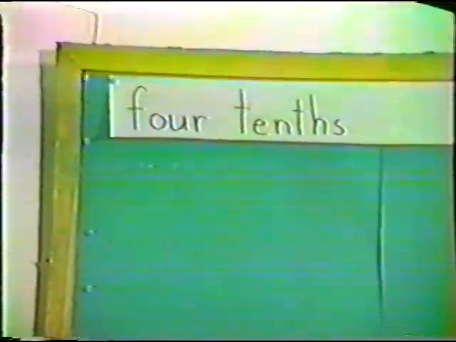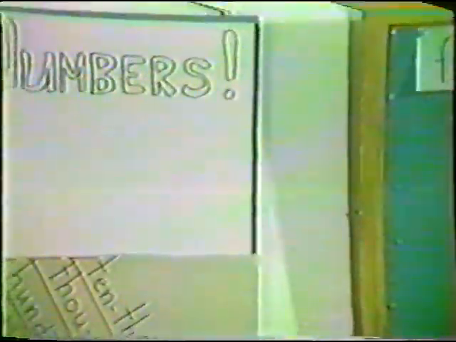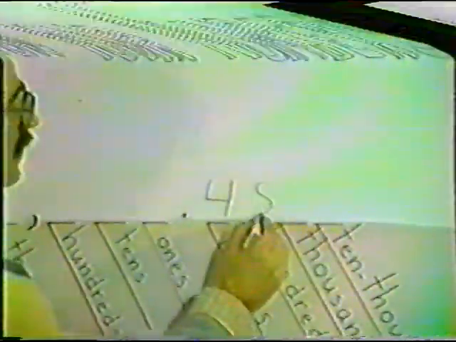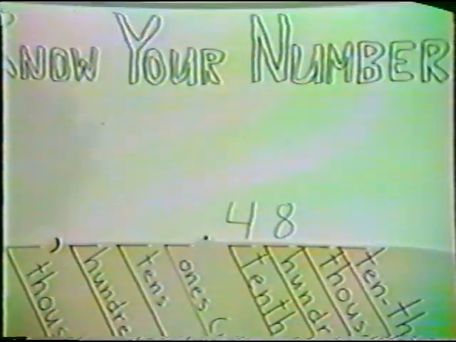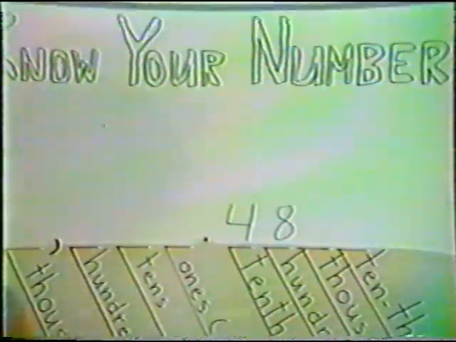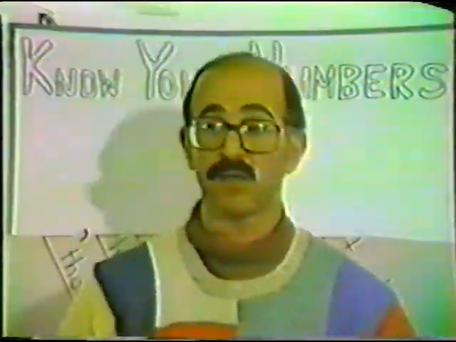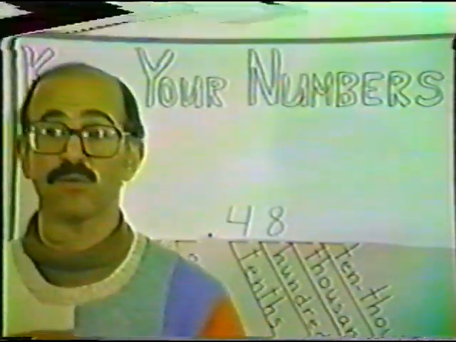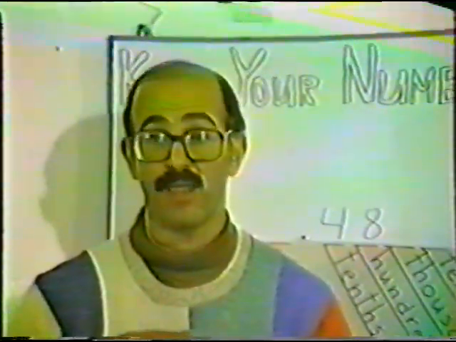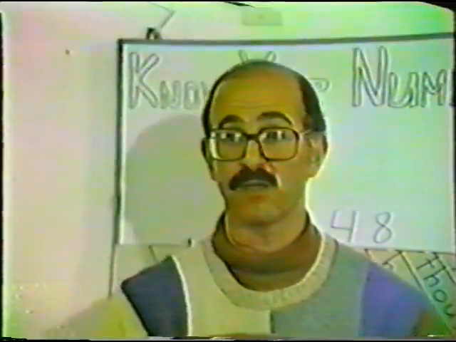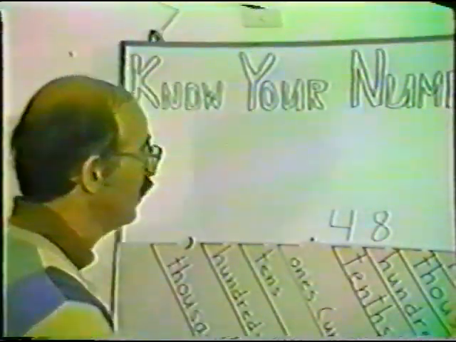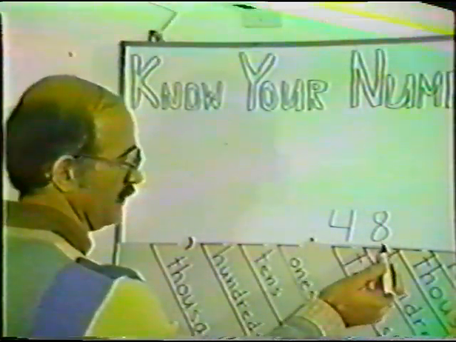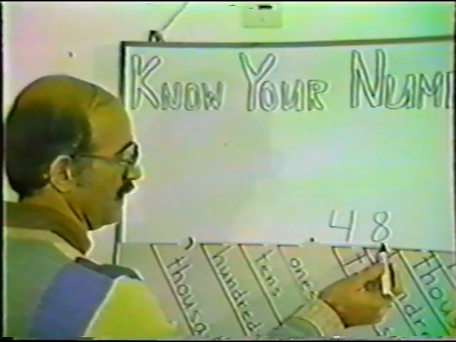4/10. Now we're going to put an 8 in the hundredths place. When we read a decimal number, first we read the number, then we read the place where the number ends. Well, what's the number? 48.